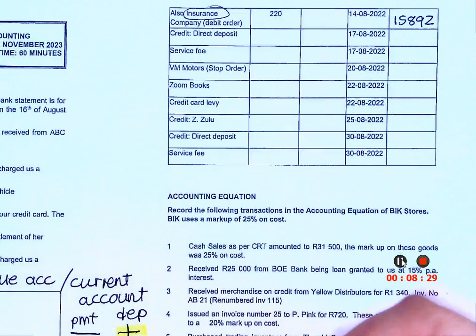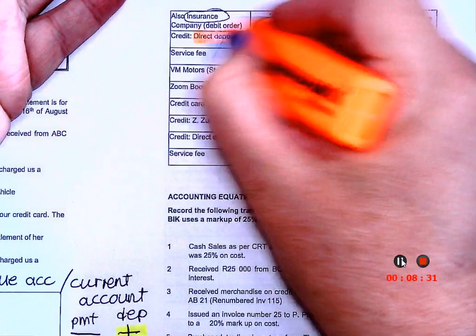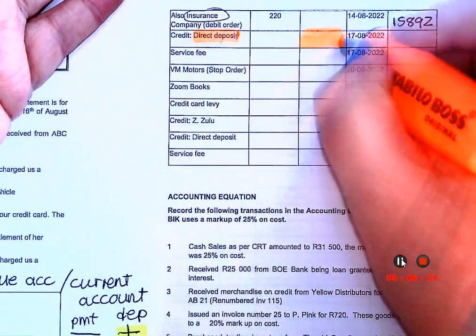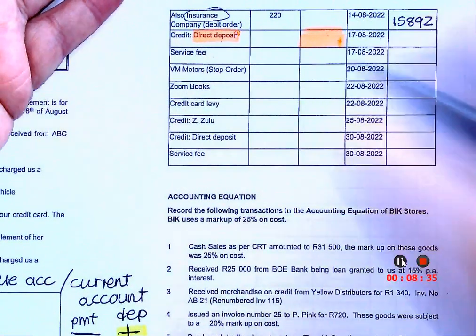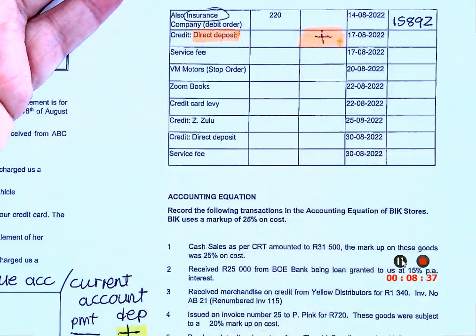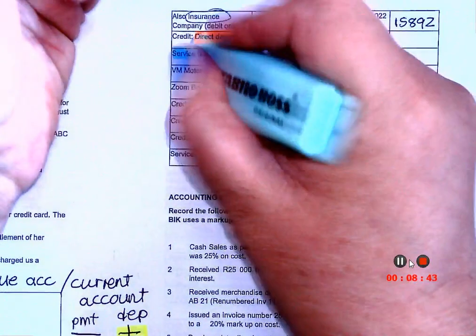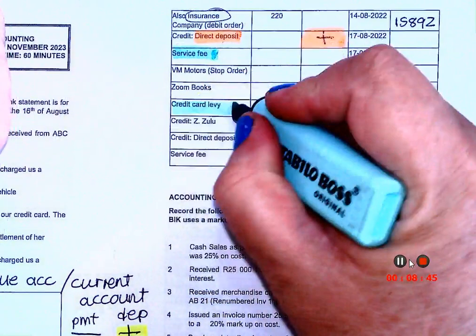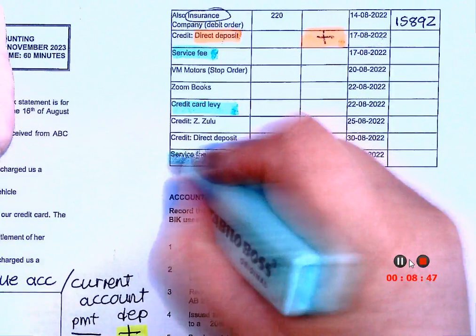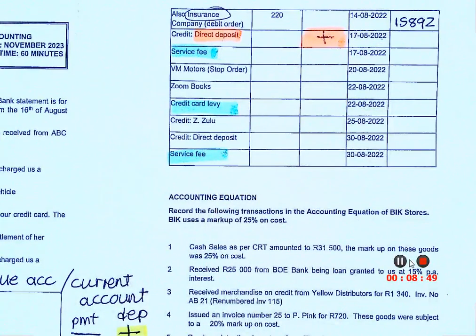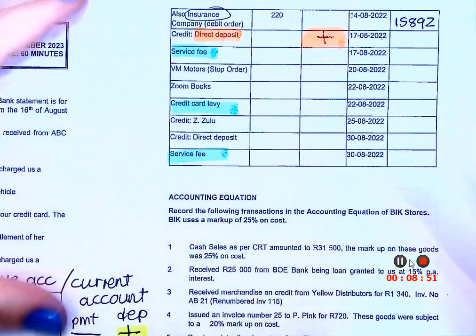Can you see that direct deposit? It would be a plus, right? The service fee, and I'm going to highlight them in different colors. The service fee, the credit card levy, and again, the service fee. They are all negatives, right?